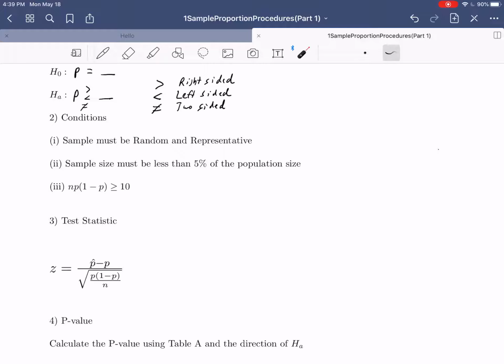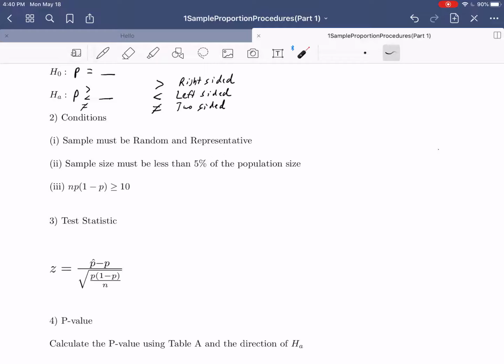Why is it a z-test statistic and not a t-test statistic this time? Well, remember, we use the t-distribution because, as we commented in our discussion of the central limit theorem, we're assuming we would have access to the population standard deviation. But in reality, we didn't have access to that, and we had to estimate using the sample standard deviation.